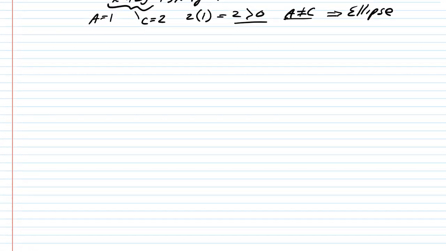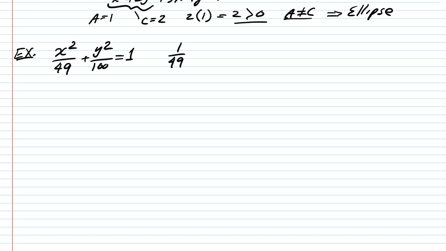All right, so let's do a few of these. We just want to identify these next examples. So suppose I have x squared over 49 plus y squared over 100 is equal to 1. Okay, now for this one, I can write x squared over 49 as 1/49 x squared plus 1/100 y squared, right?